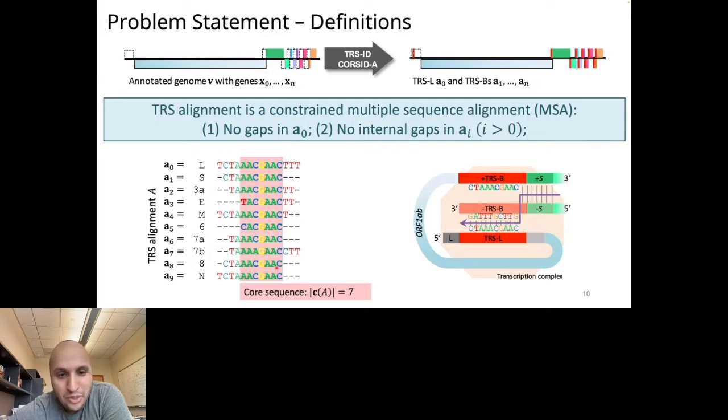The core sequence corresponds to the largest subsequence in A0 that is not paired up with any gap in the remaining sequences. The core sequence here begins at AACG, and its length is 7. You cannot extend it. If you extended it to the right, you would get a gap, and similarly for the left region.